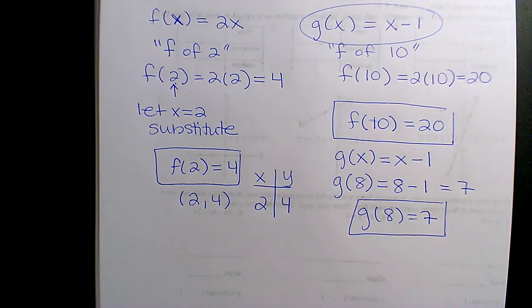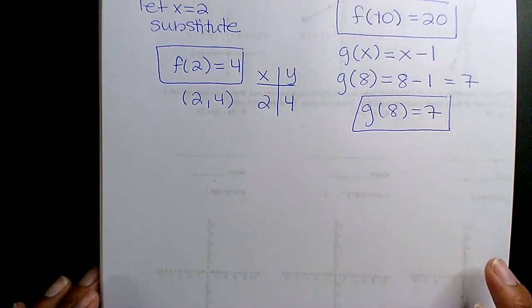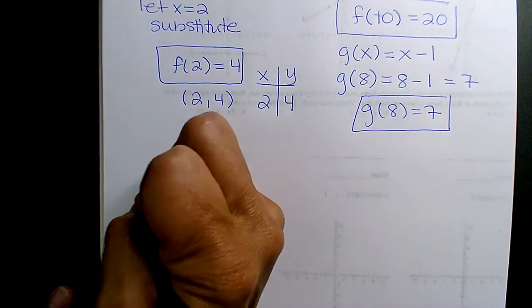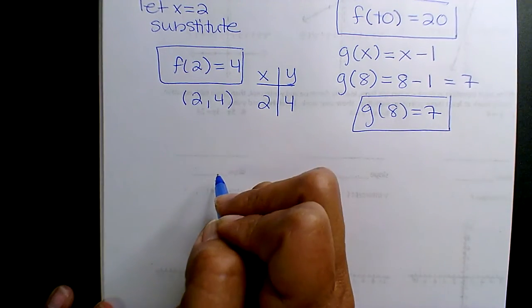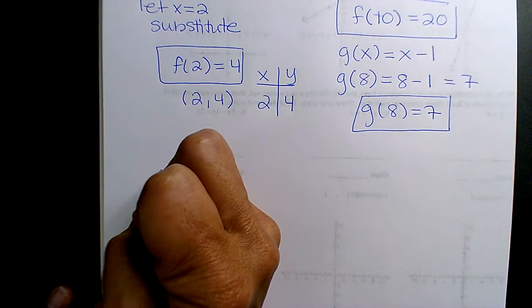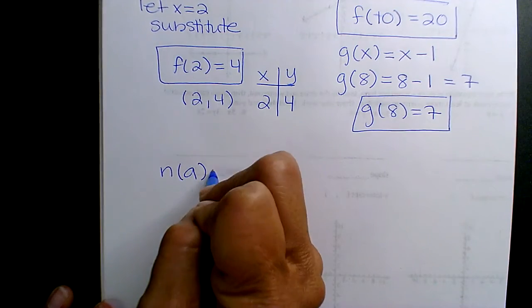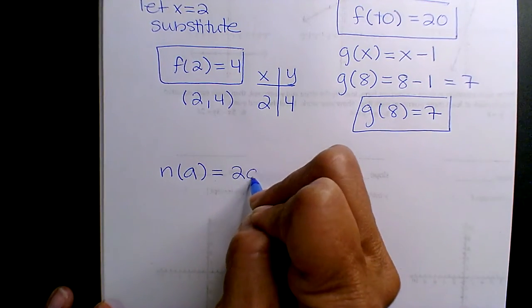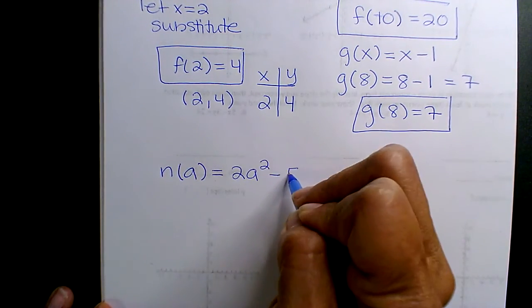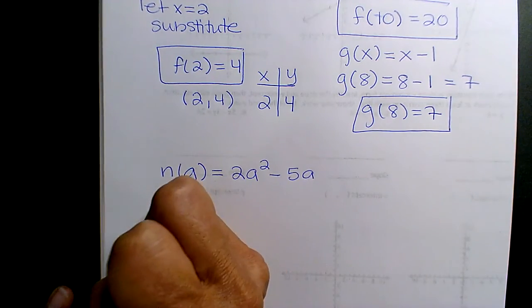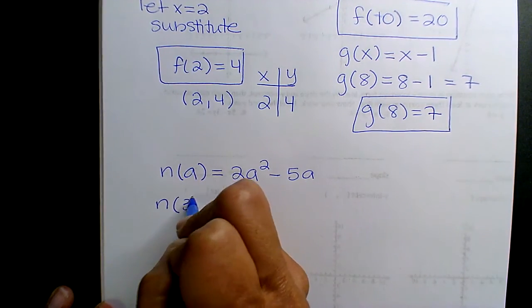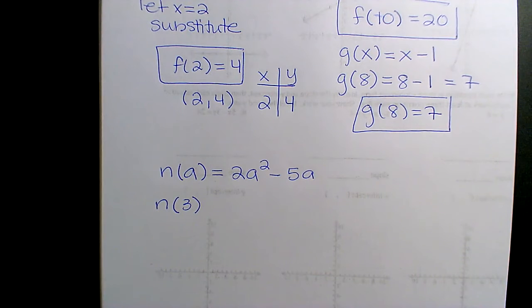So here, let me do another one just with squaring really quick. Okay, so say I give you n of a, and I give you 2a squared minus 5a, and I tell you give me n of 3. If I want n of 3, what I'm asking you to do is let a equal 3 and substitute.